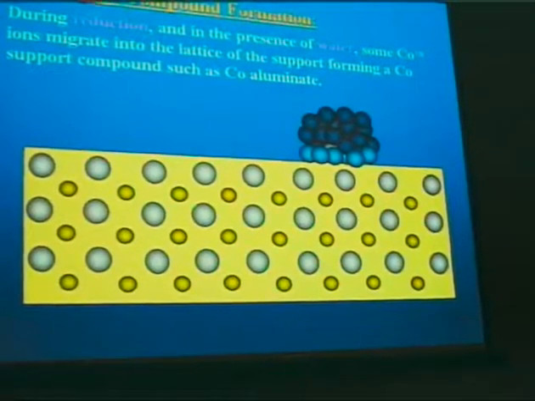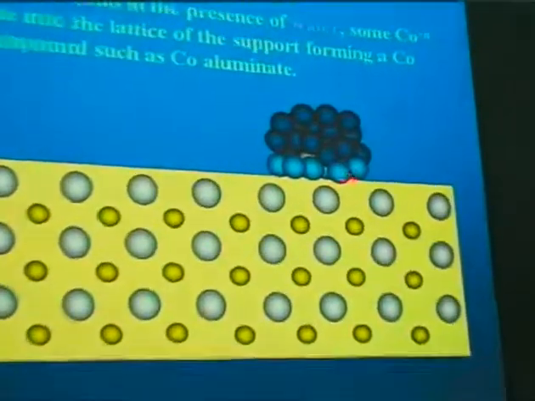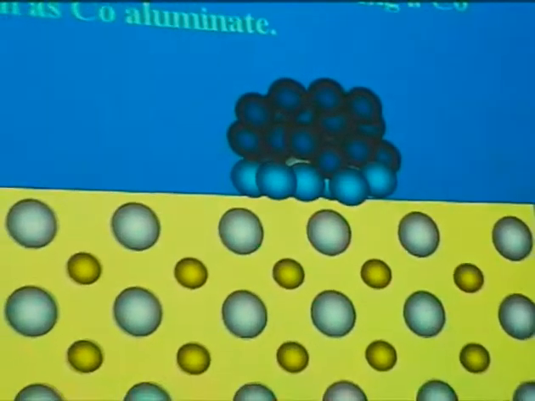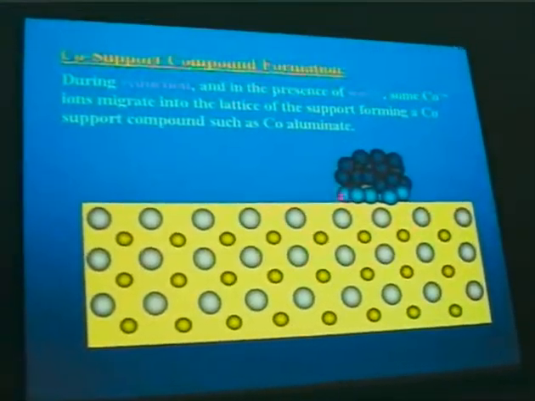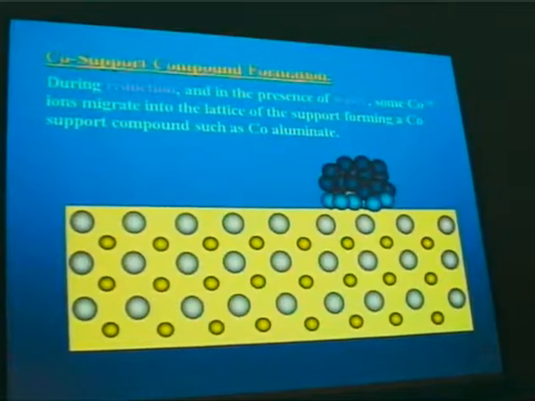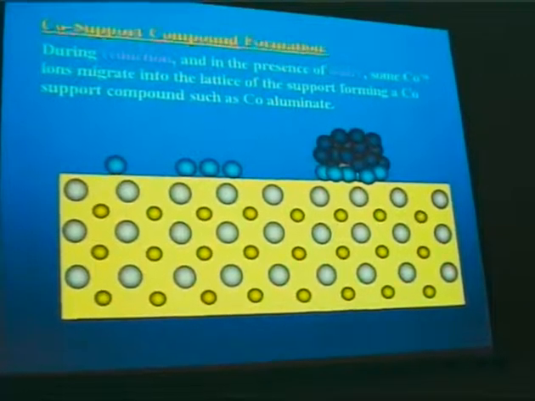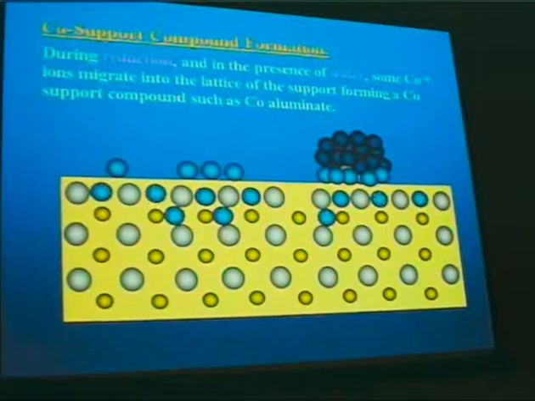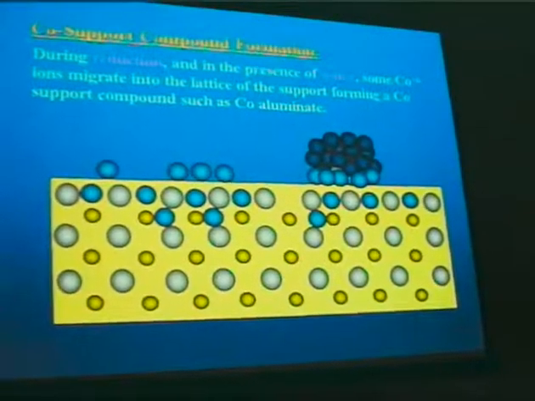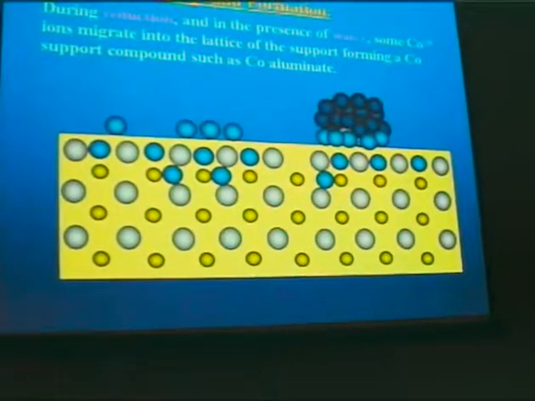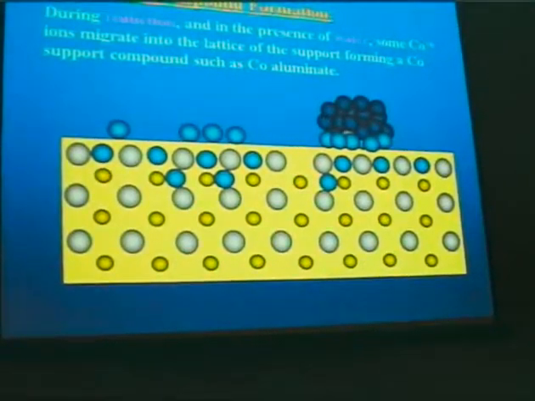But during reduction, you're forming particles of reduced cobalt metal, and probably there's some non-metallic cobalt interacting with the support underneath the particles. You've got some highly dispersed, hard to reduce cobalt, but you can also get diffusion of the cobalt into the alumina, and it seems to happen during the reduction period.